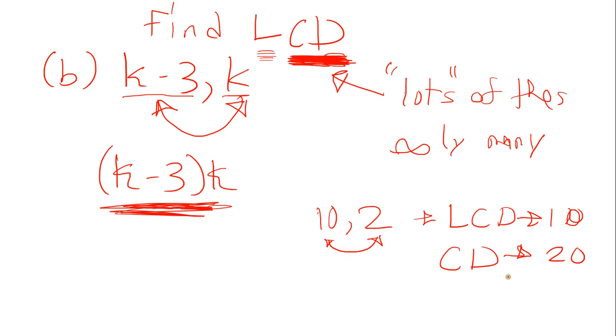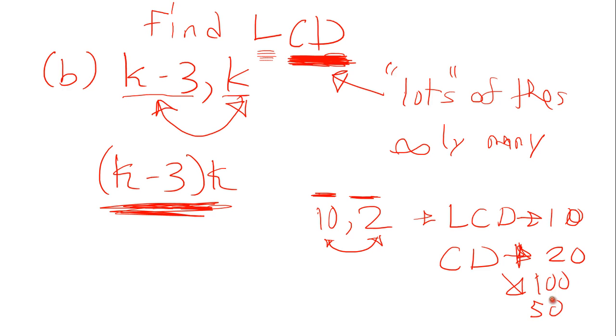Or I can keep going from there. And of course, another common denominator, basically any number that has both of these in common. I mean, 100 has both in common.